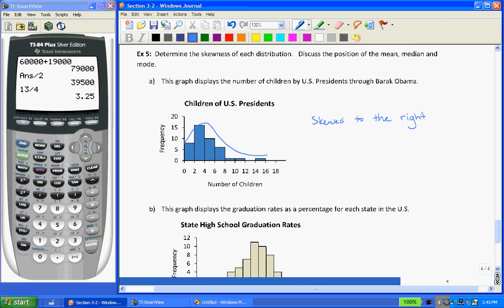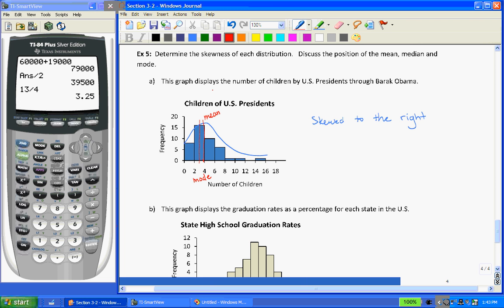So what happens here is, now the mode is pretty easy. The mode is whatever the one that's the most. So that's right here. That would be the mode. What happens is, because of these very large values, it pulls the mean a little bit with it. So the mean is kind of, it's close by, but it's pulled out a little bit.